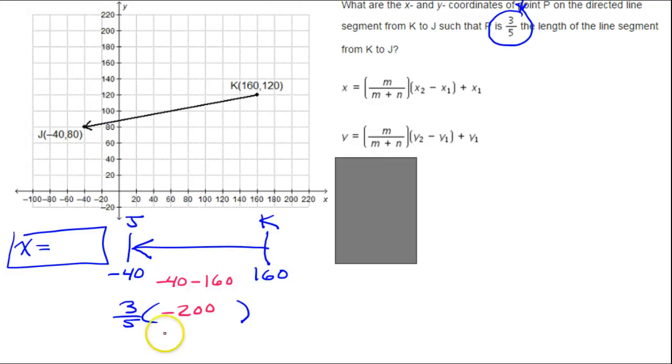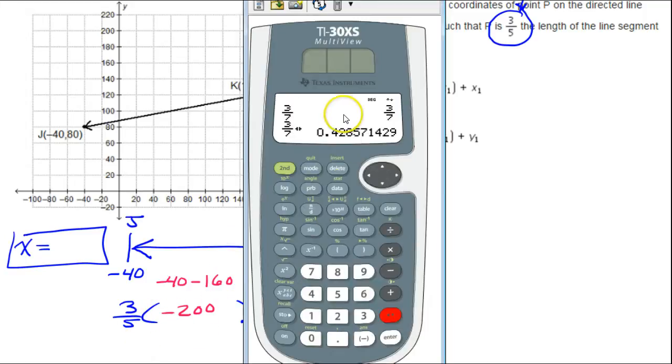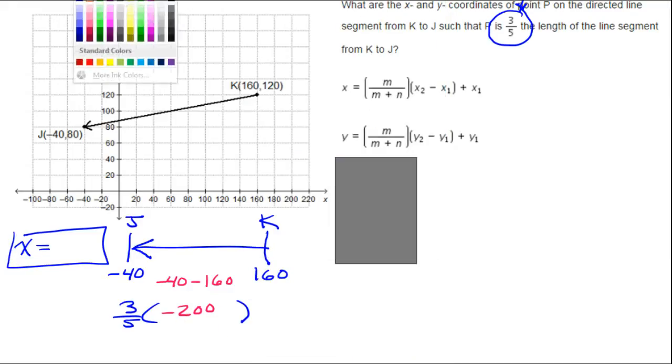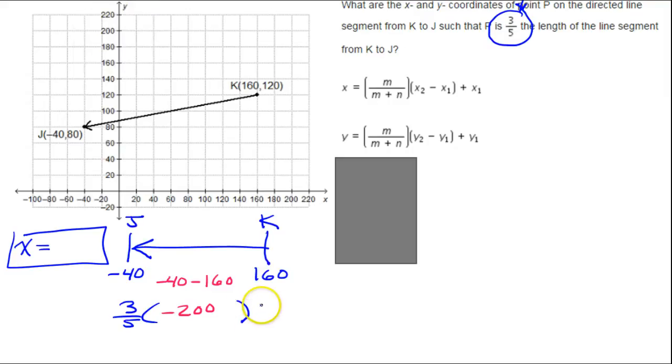Okay, that's going to tell us how far we're going to go. So I could probably do this in my head, but let's go ahead and use a calculator. So 3/5 of -200. I meant to put that in parentheses, but it's -120.